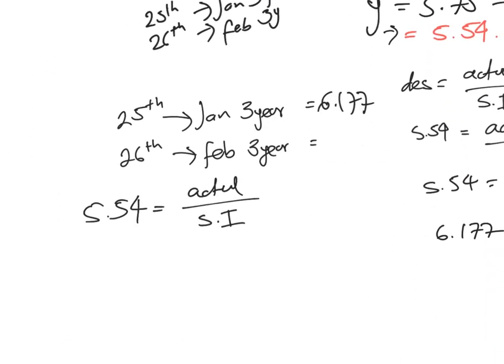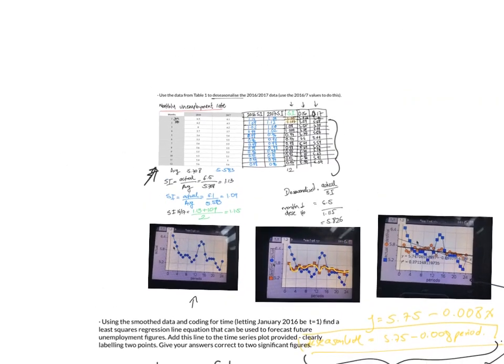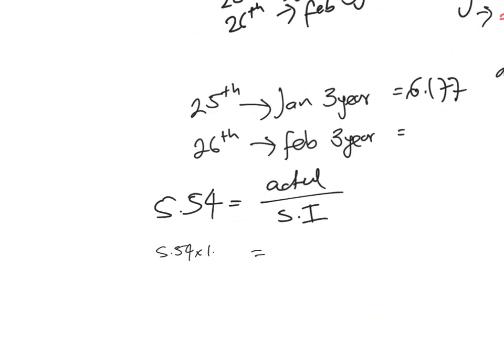So that will give us 5.54 times 1.107, and it gives us the actual value, and the answer is 5.92.